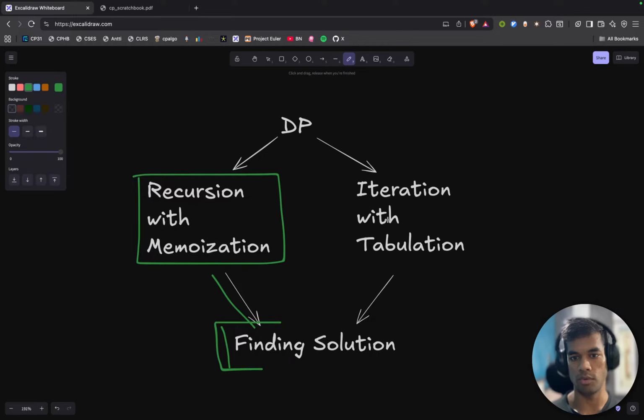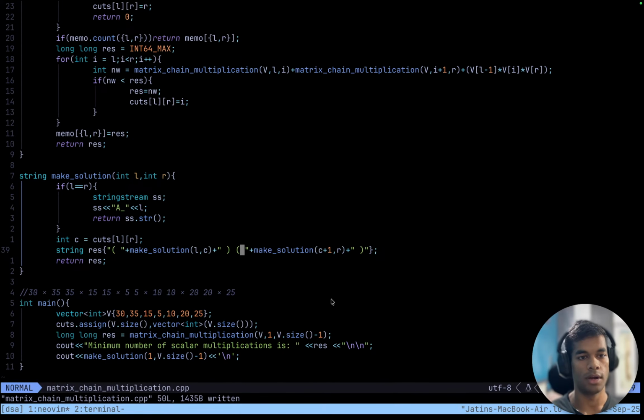What we have to do is use iteration with tabulation. Writing this part is a bit more complicated than this part because we have to find the dimensions of the table. But this part is, I would say, relatively simpler than recursion, finding the solution part in the tabulation method.